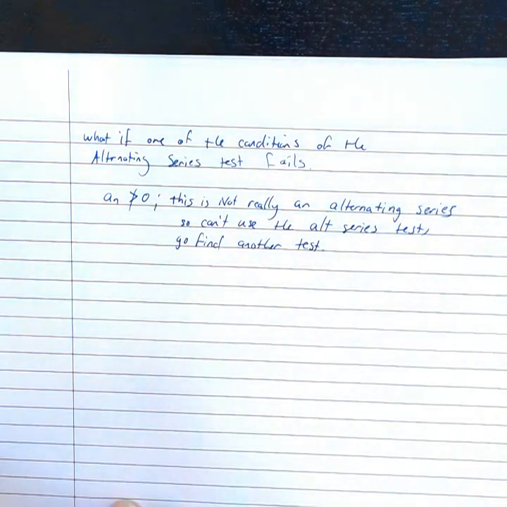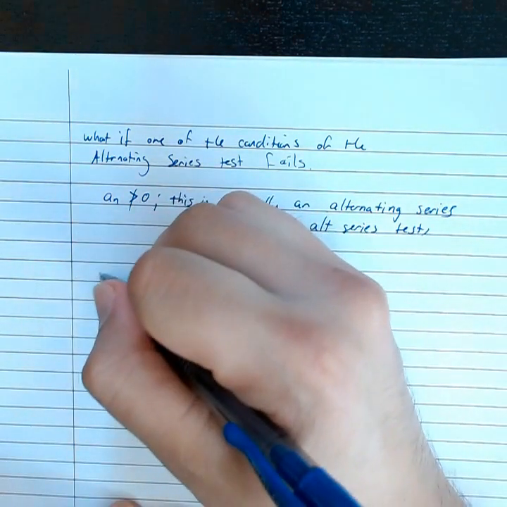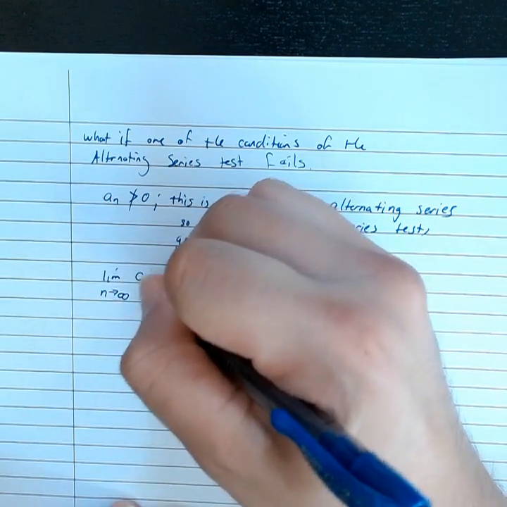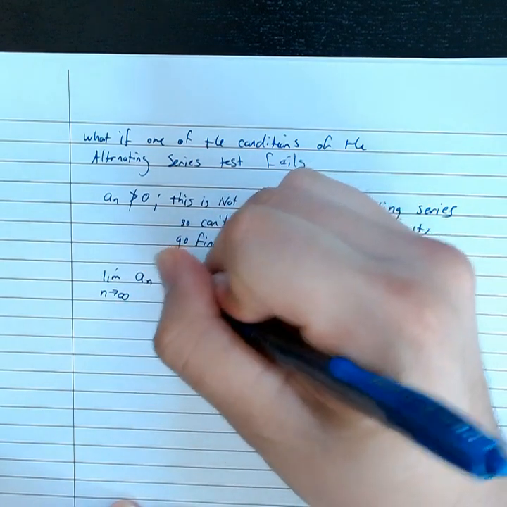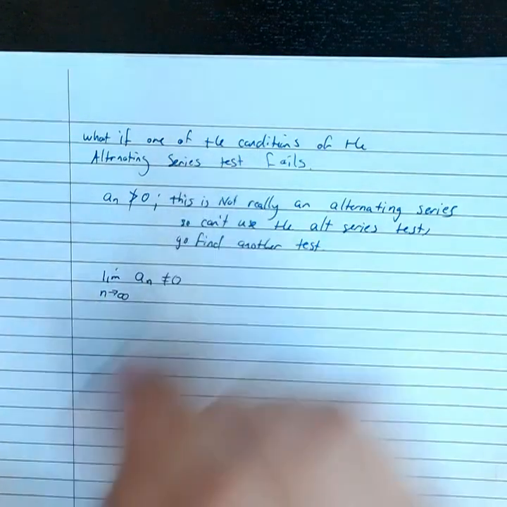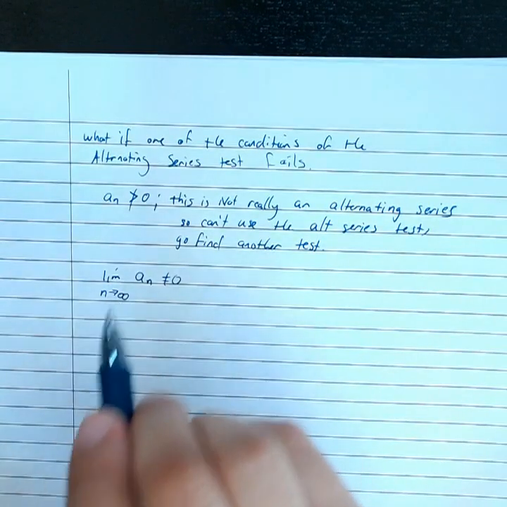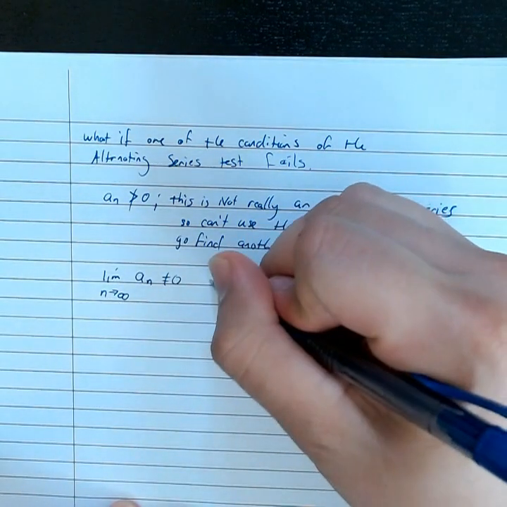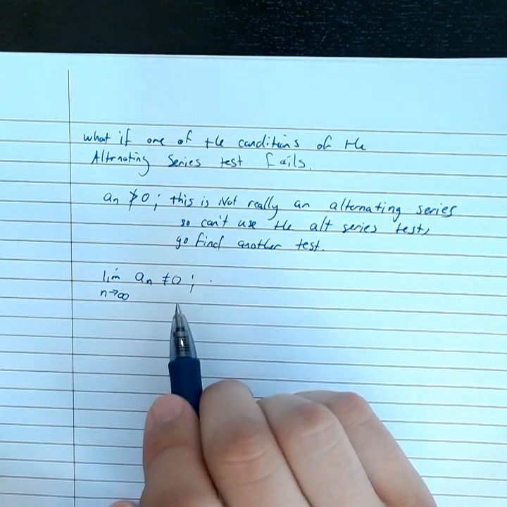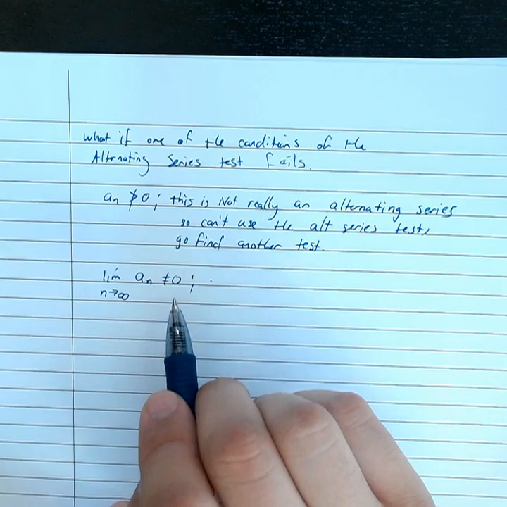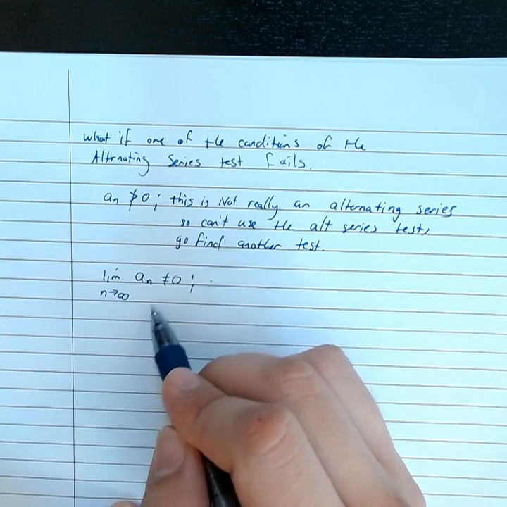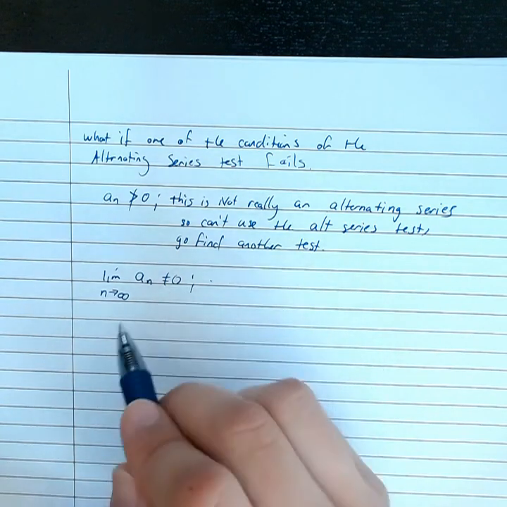Okay? All right, so what if the second condition is the one that fails? What if we get that the limit as n approaches infinity of our a sub n's does not approach 0? Then your series diverges. And you say, oh, because it failed the alternating series test? No, because it failed the nth term test. Remember the nth term test all the way back in section 9.2 tells us that if the nth term of a sequence doesn't approach 0, then it can't possibly converge.